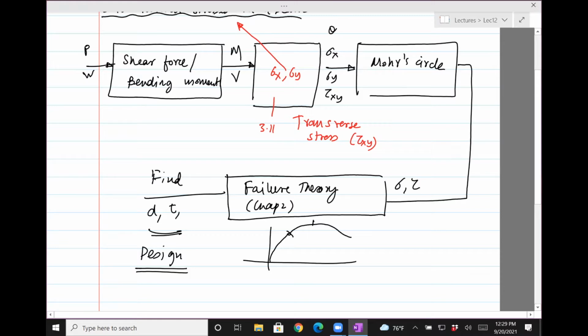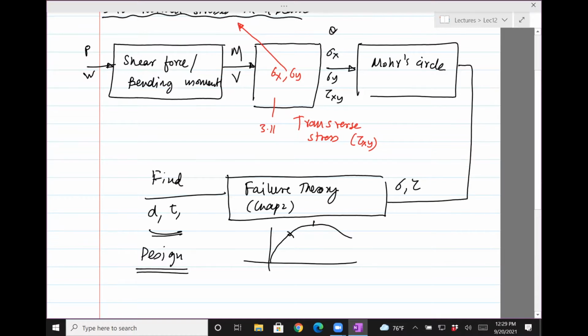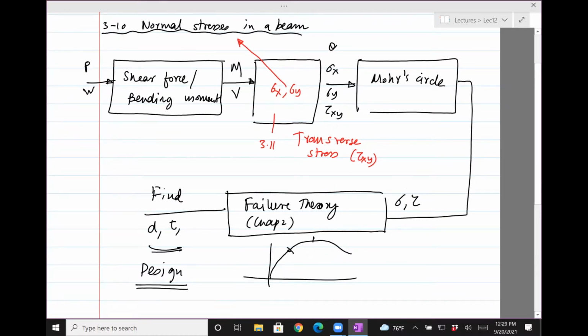Okay, so this will make us more illuminated about what exactly can be used to find the normal and shear stress. Okay, so that's sort of the introduction. Let's get to this particular section on normal stresses.